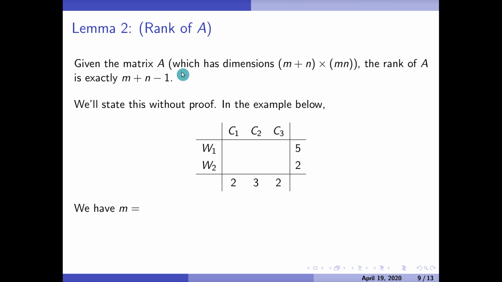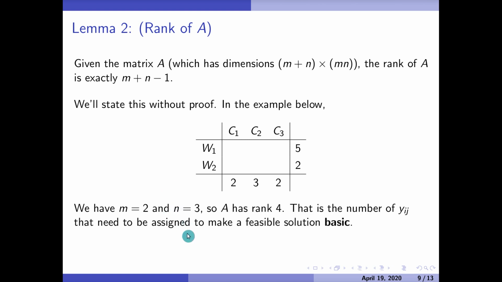All right. So given the matrix A, which has these dimensions, the rank of A is exactly M plus N minus 1. We're just going to state this without proof. It's hard to prove. So in this example, we have a 2 by 3, and so our matrix A is 5 by 6, right? And so A has rank 4.